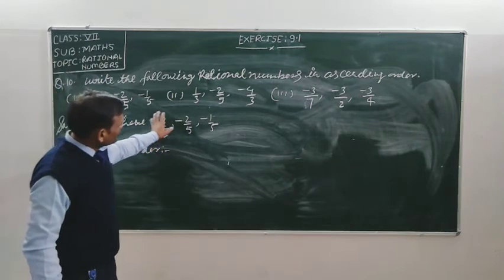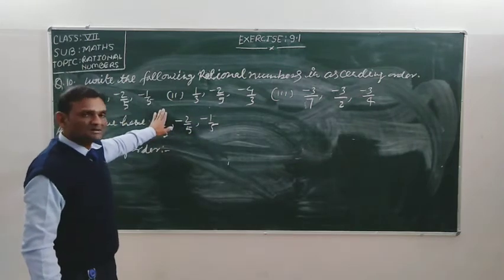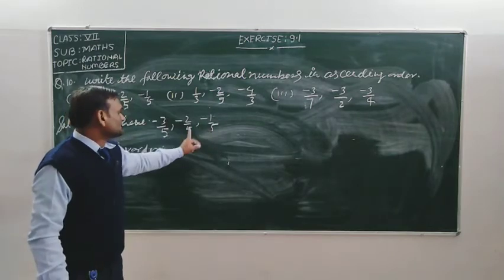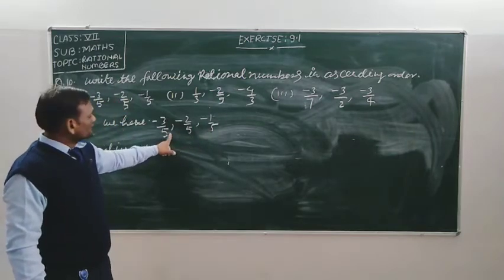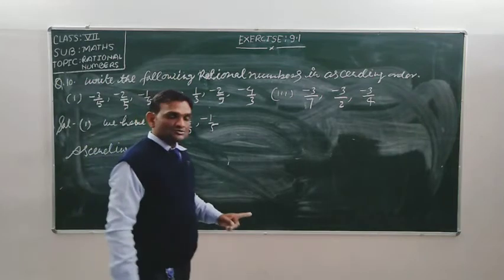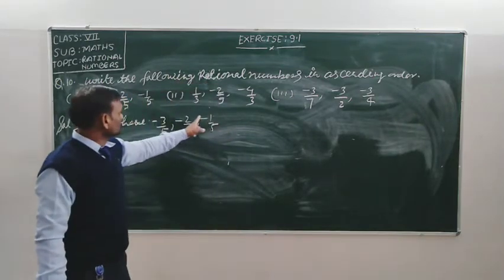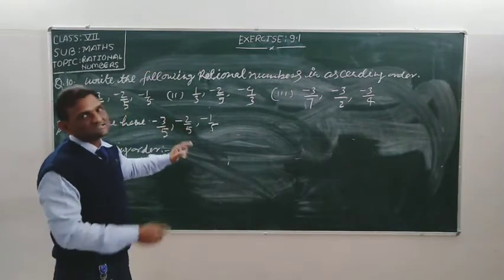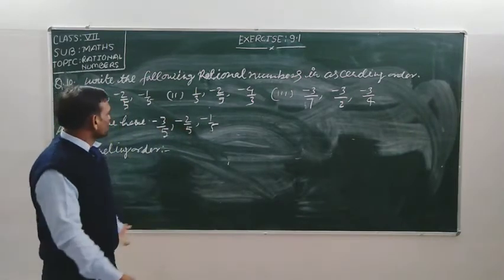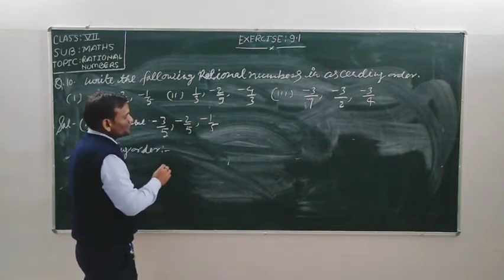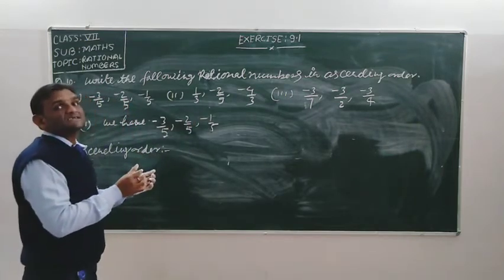Student, in all these 3 rational numbers, you are seeing that the denominators are same. So if the denominators are same, then we compare only the numerator, which is greater and which is smaller. So student, this is minus 3, this is minus 2, this is minus 1. So which is smaller?